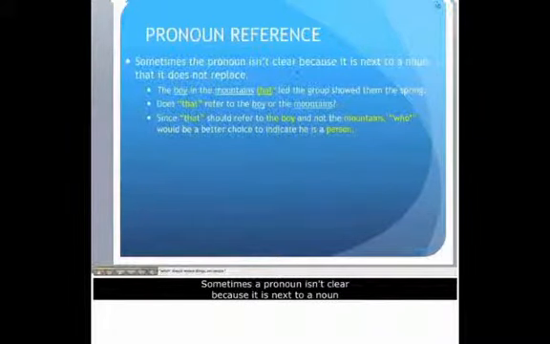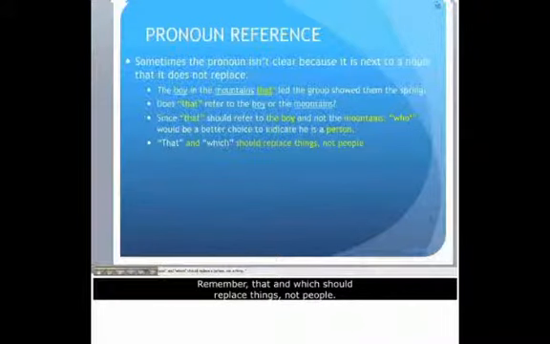Sometimes the pronoun isn't clear because it is next to a noun that it does not replace. Let's look at this example. The boy in the mountains that led the group showed them the spring. Does that refer to the boy, or does it refer to the mountains? Since that should refer to the boy and not the mountains, who would be a better choice to indicate he is a person.